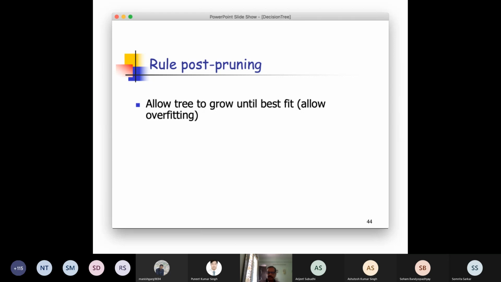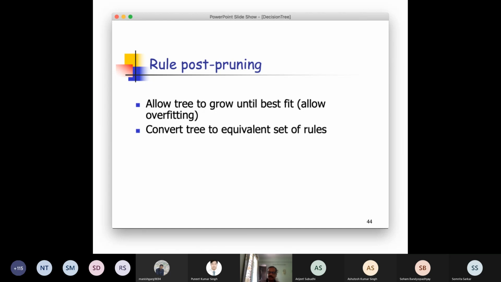So if I say rule, we say that the conjunctive literals, that Boolean expression, is the antecedent part, and the corresponding value is the consequent part. So you can get all these rules, and then you can prune the rules. That means you can prune the clauses of antecedents and check once again what the performance is.